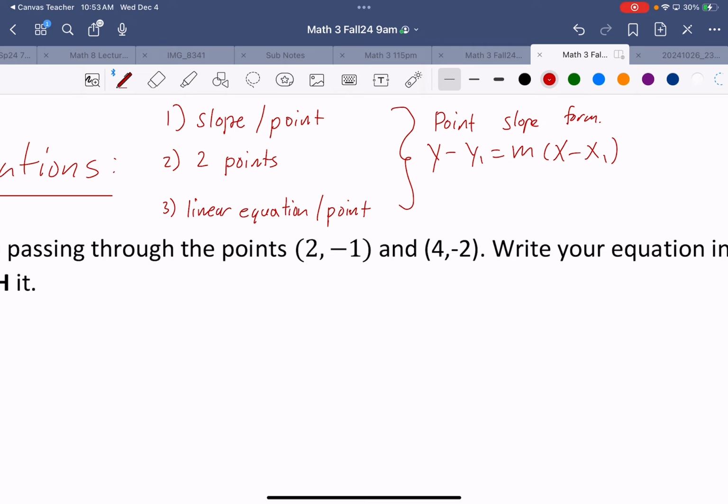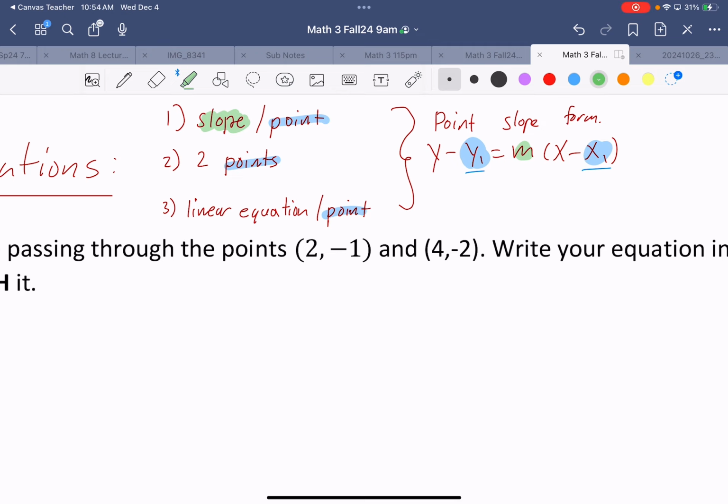Remember here, you can plug in your point, and in all these situations, you're always given at least 1 point. So that point can get plugged into right here, right? And only in case 1, you're given the slope right away. So you can just plug it in right into your equation, and that's it.